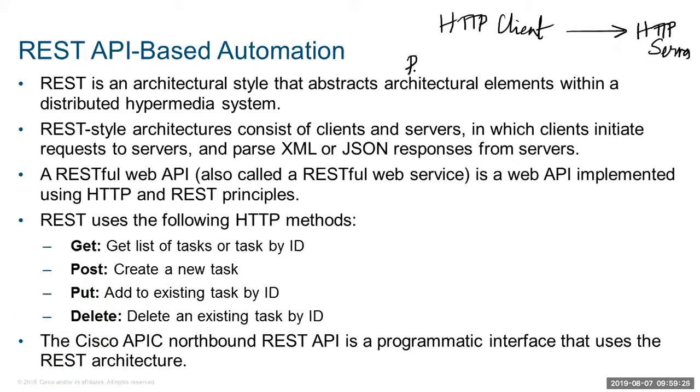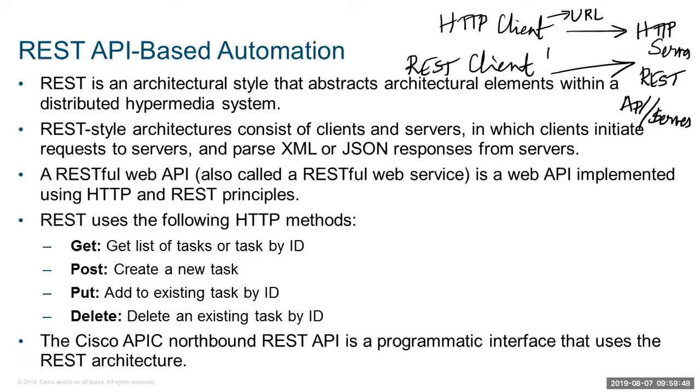So similarly, there's a REST client. You actually use a URL here, and then it always has some HTTP methods like post or get. A REST client speaks to a REST API or a REST server, and it uses URL and HTTP methods. It consists of clients and servers. Clients initiate the request.